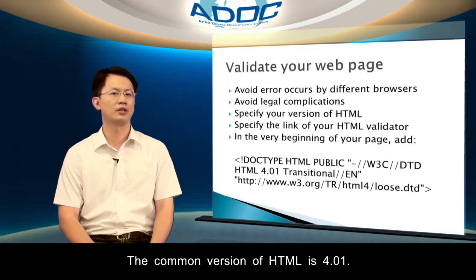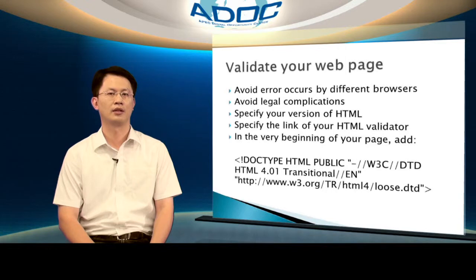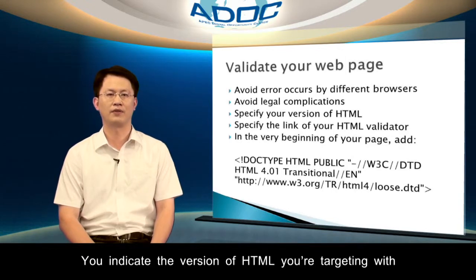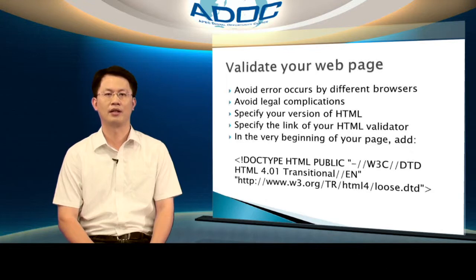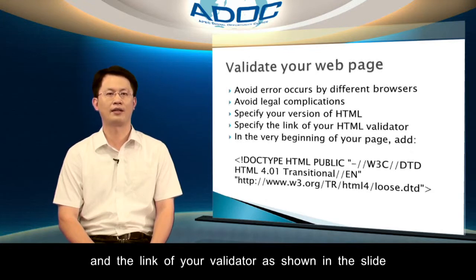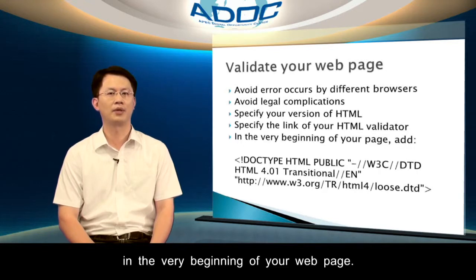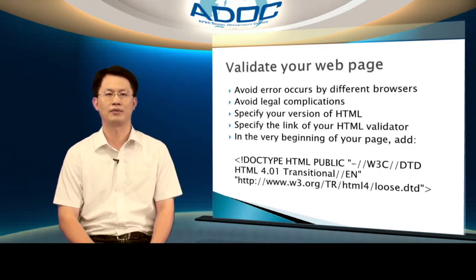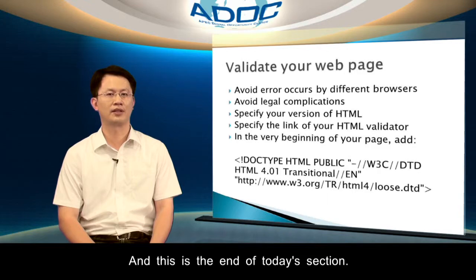A common version of HTML is 4.01. You indicate the version of HTML you are targeting, and the link of your validator, as shown in the slides, at the very beginning of your web page. And this is the end of today's section.